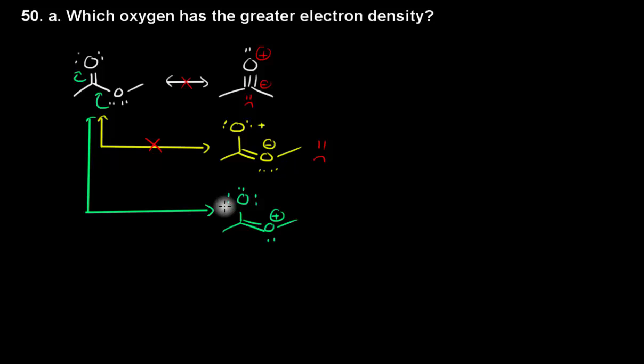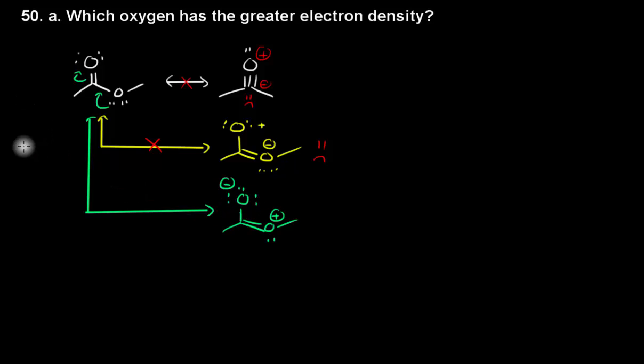This oxygen up above is negatively charged. Okay, so there's absolutely nothing wrong with this electron push at all, and even though this oxygen is positively charged, that looks a little funky, it's balanced out by this other oxygen with a negative charge, and neither one of them is breaking the octet rule, which is fantastic.